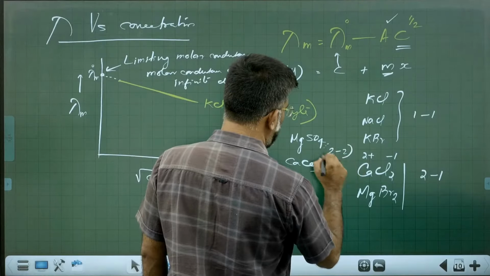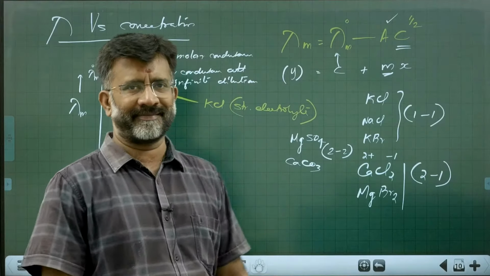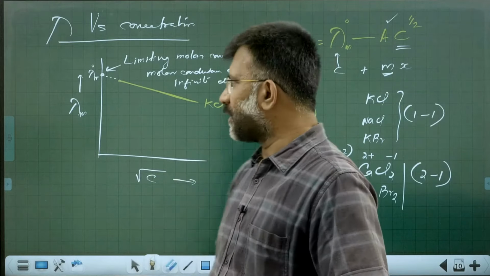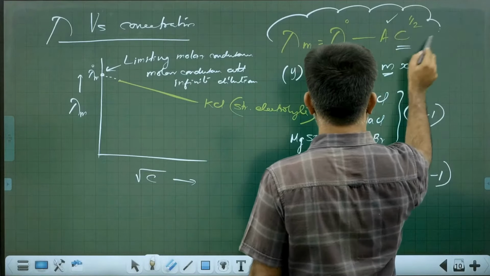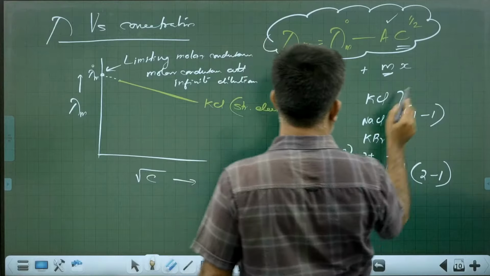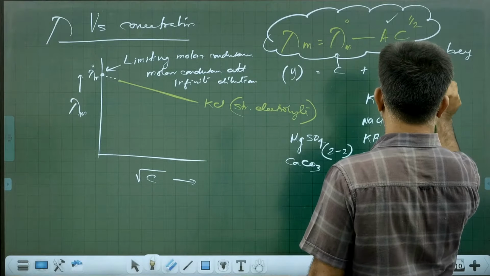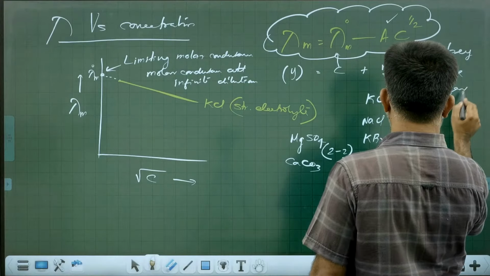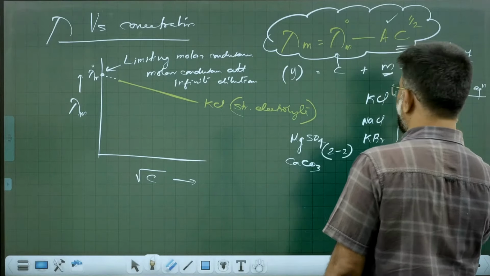The A value remains fixed for a type of electrolyte, and it depends on temperature also. This formula is very popular, known as the Debye-Huckel-Onsager equation, which is meant for strong electrolytes.